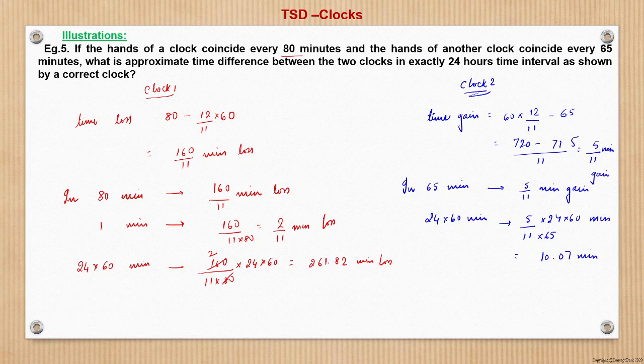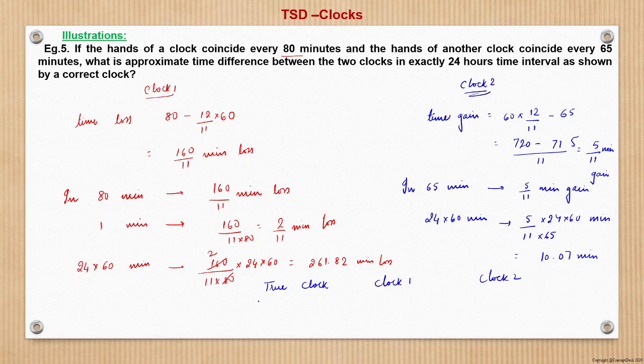So what does this mean? Now we will compare the three watches. There is a true clock, then there is clock 1, and then there is clock 2.